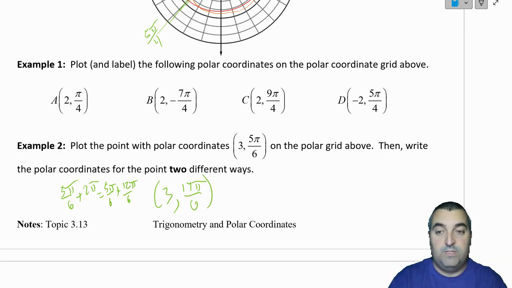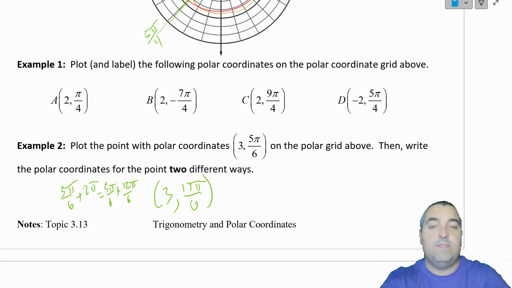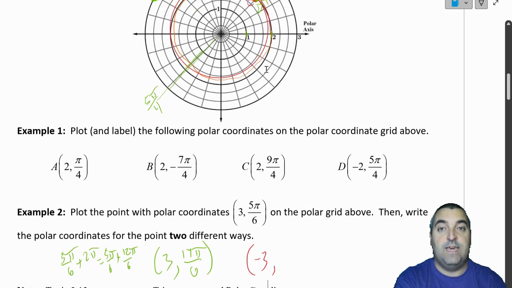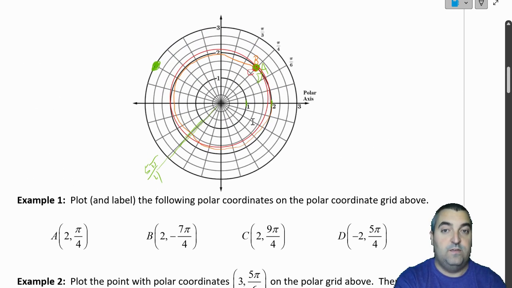There's one possible answer. I could have also subtracted 2 pi, or added 2 pi again, which gives me more answers. The other thing I can do is make my r negative. What that does is, in order to end up in the same spot, I would have to be on the angle that's opposite of this, which, thinking about a straight line, is pi radians away.